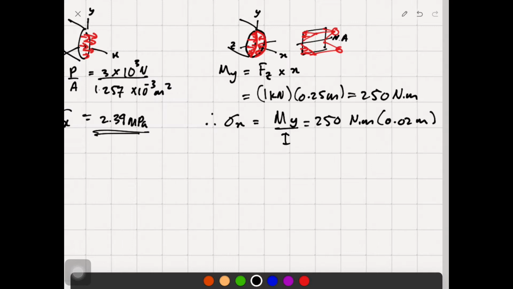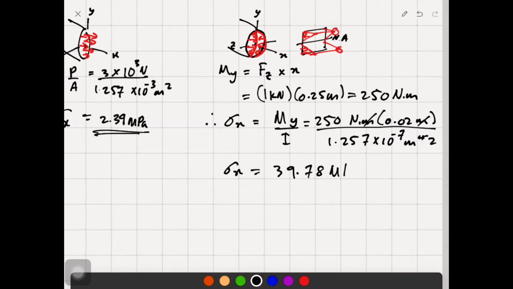Hopefully there is no confusion at all over there. I just put it back in here, 10 to the power of -7 meter to the power of 4. The meter is going to cancel, this becomes 2. Now Newton per meter square comes to the unit of Pascal. So just compute that with your calculator. You're going to get sigma x is equivalent to 39.78 megapascal.